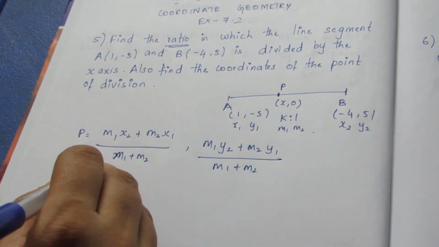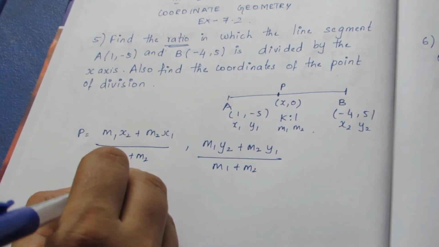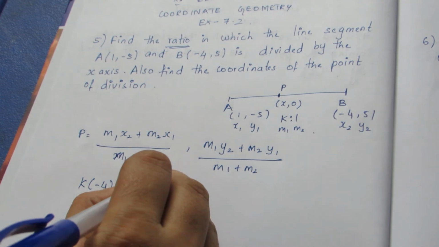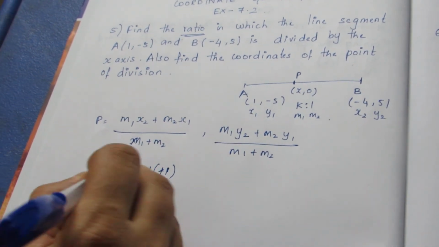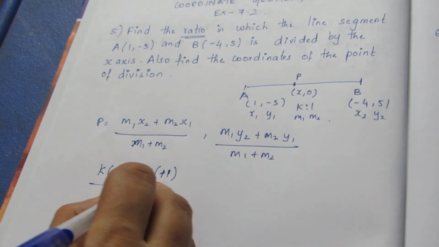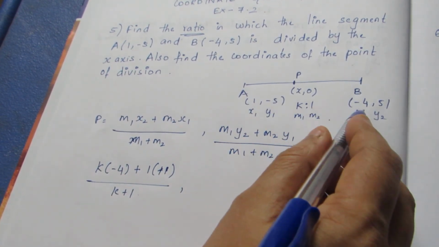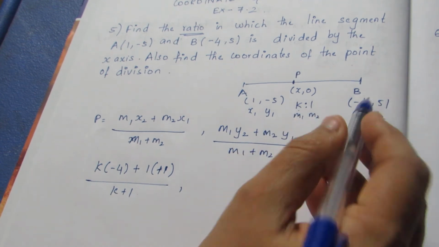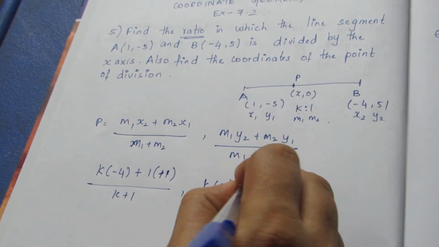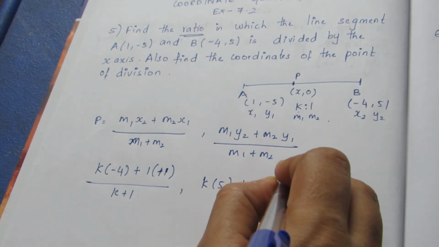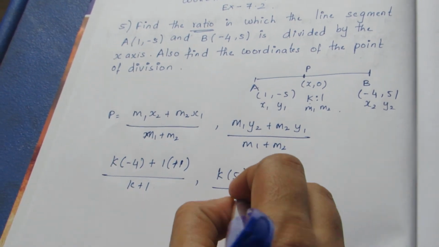Now m1 is k into x2 which is -4, plus m2 which is 1 into 1, by m1 plus m2 which is k plus 1, comma, same way for y: k into 5 plus 1 into -5 by k plus 1.